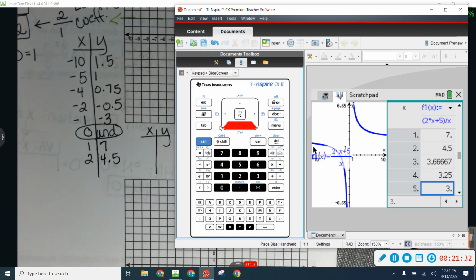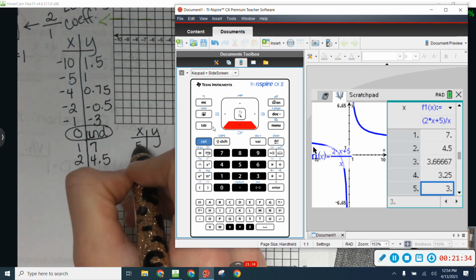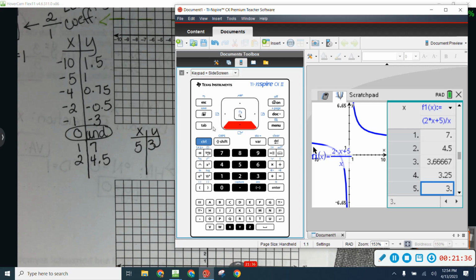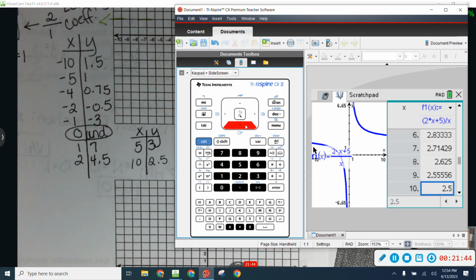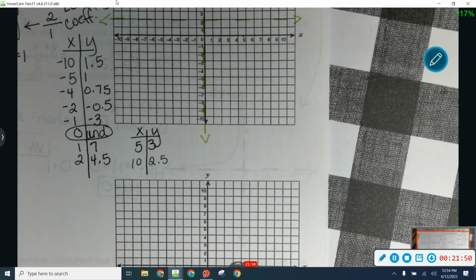I'm going to continue my table, 5, 3. And 10, 2.5. So some graphs, you're going to have a lot of points on the table, some you're not. Just enough to give you the curve.